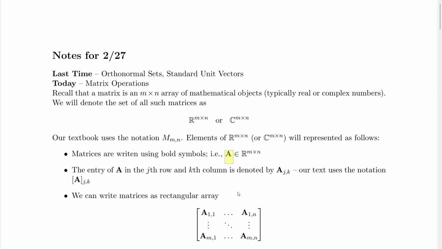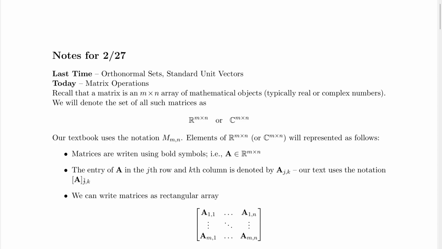I'm going to use bold symbols for the matrices. The entry in the j-th row and k-th column, I will denote by the matrix with a subscript of j, comma k. Some people leave the comma out, but that can be a little misleading when j and/or k have two digits, so it might not be quite clear what it is.